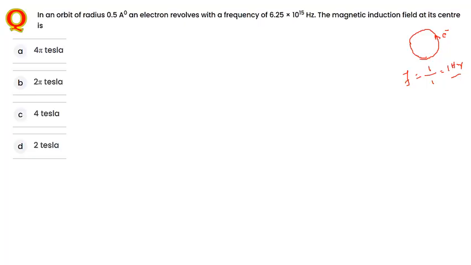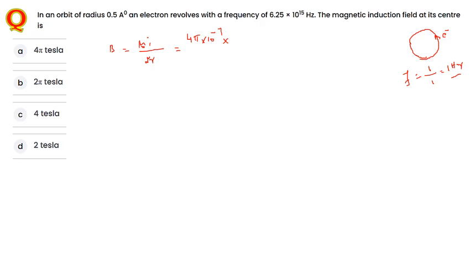Now, once the electron is revolving like this, what is the magnetic induction? This is the formula you already know: B is equal to mu naught I divided by 2R. Here mu naught is 4 pi into 10 power minus 7.